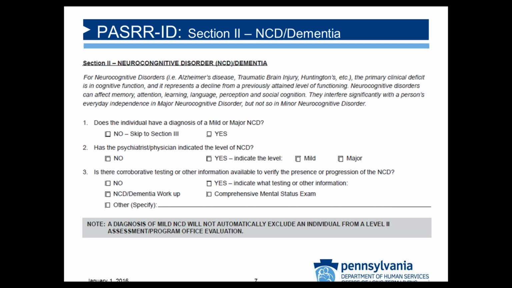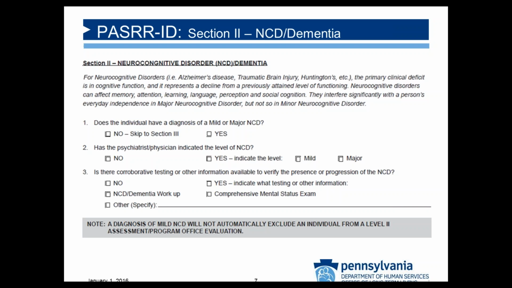So that's one thing. When you get to number 1 in section 2, you need to be able to tell, is it mild or major, okay? And if it's major, those folks, we don't want to send through a level 2 process. So that's easy. They're going to go in as a regular admission, okay? And then if the physician has indicated a level for the neurocognitive disease process, you need to enter it, mild, major.